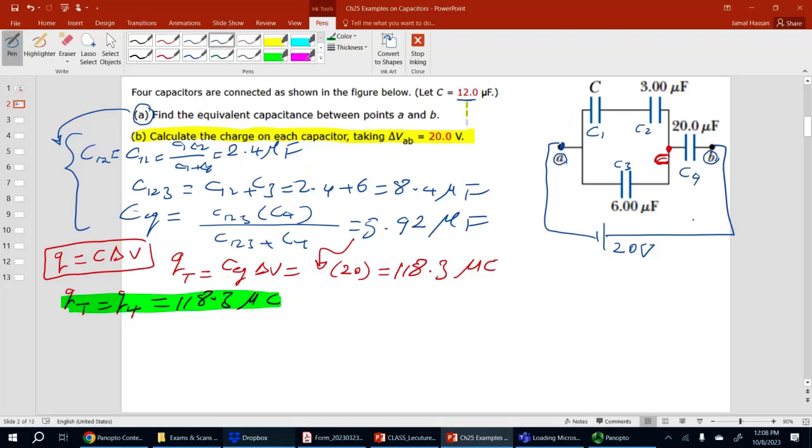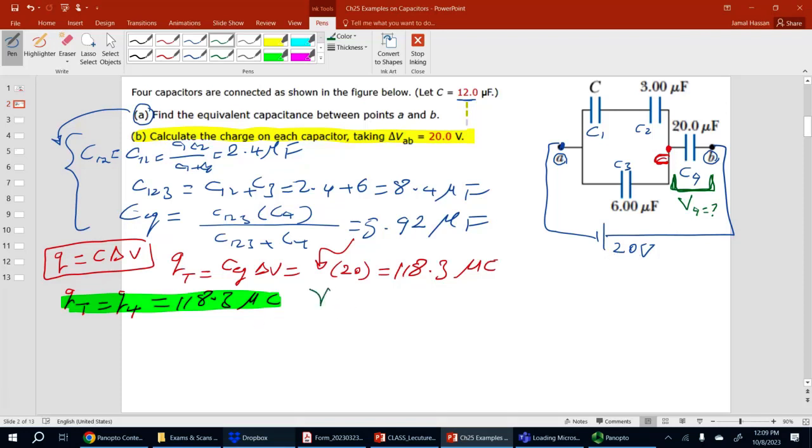Another way is to find the voltage on C4, V4. If we know V4 and the total voltage, the voltage across AC is equal to 20 volt minus V4. So let's do that.